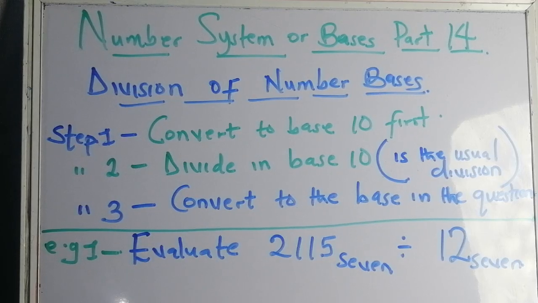Example one says: evaluate 2115 base 7 divided by 12 in base 7. We'll follow the steps as mentioned above. We convert to base 10 first, then do the usual division, which we all know.